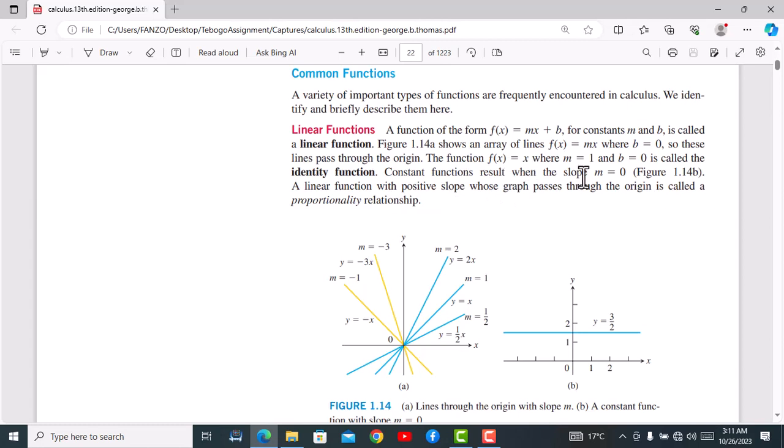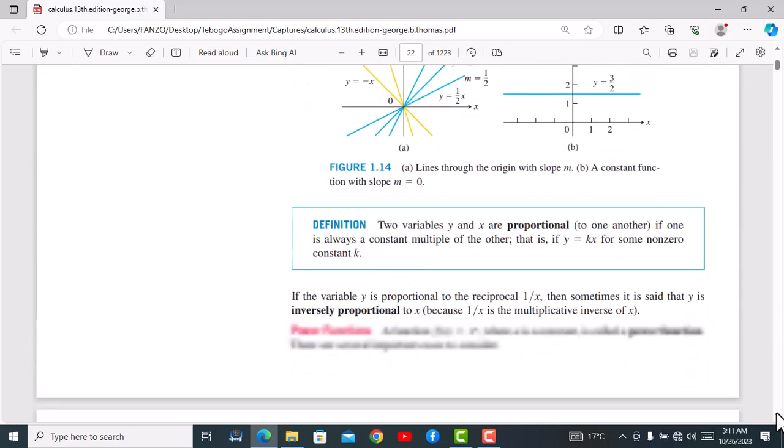Constant functions result when the slope is equal to 0. A linear function with positive slope whose graph passes through the origin is called a proportionality relationship.